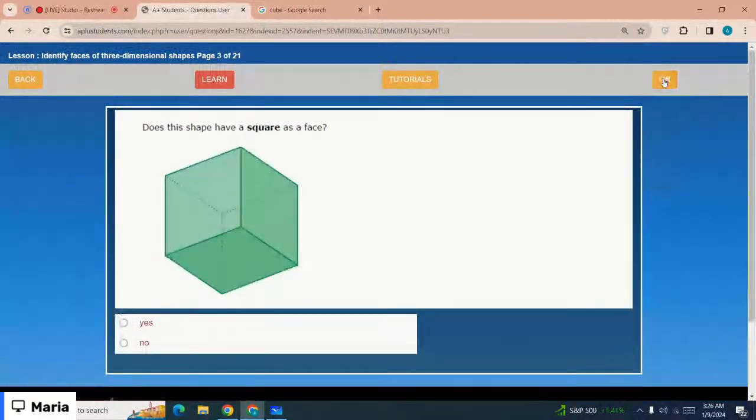Does this shape have a square as a face? Which is the correct option? Yes, a cube has all faces that are square. The correct option is yes.